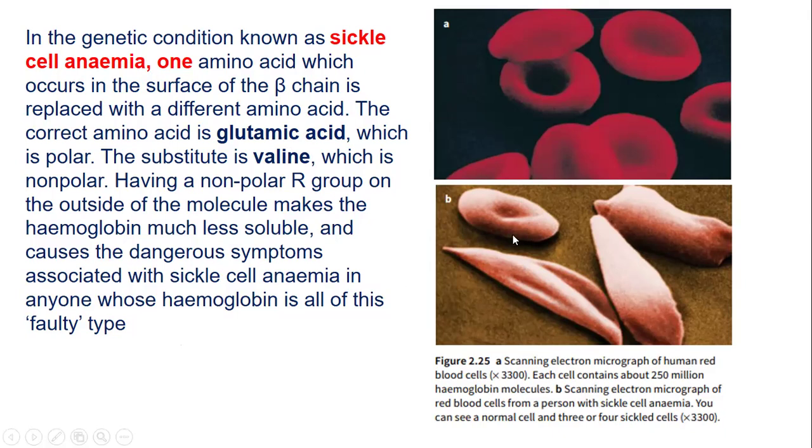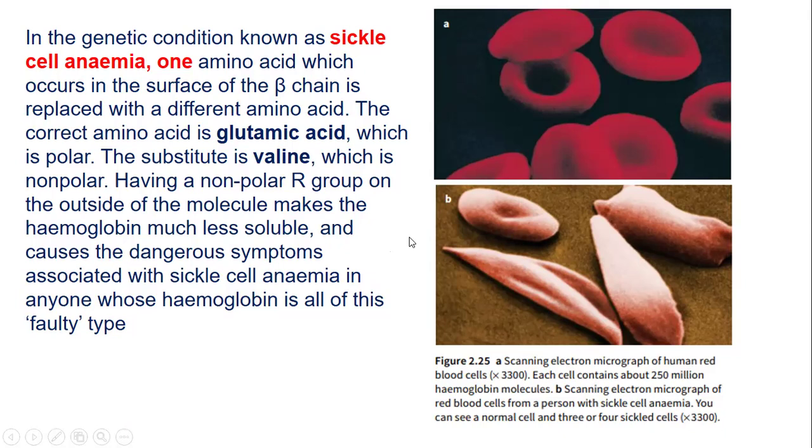So that brings about sickle cell anemia and those associated dangerous symptoms. So this shows you how important the primary structure of a protein is in determining the function, actually determining the shape first and then the function of that protein.